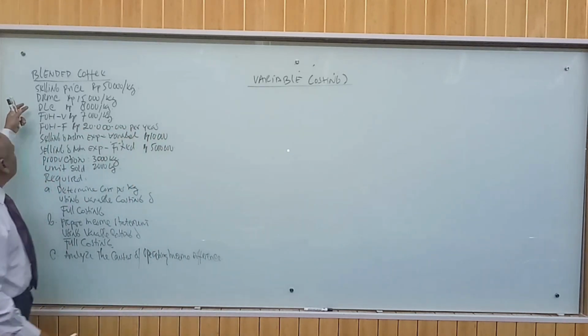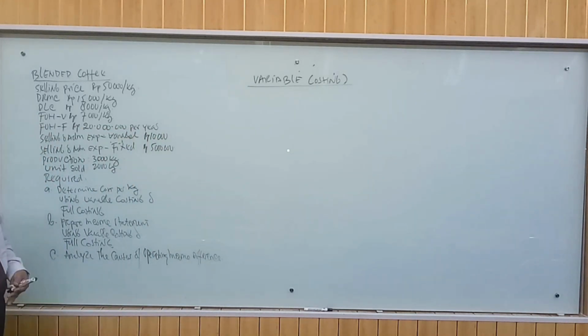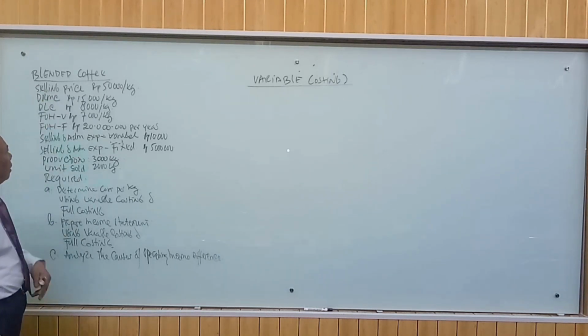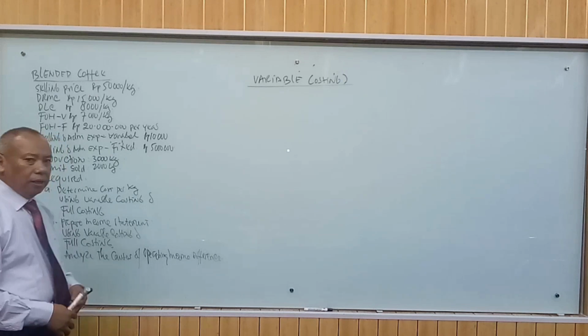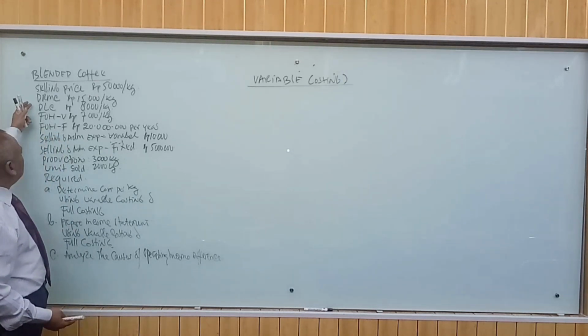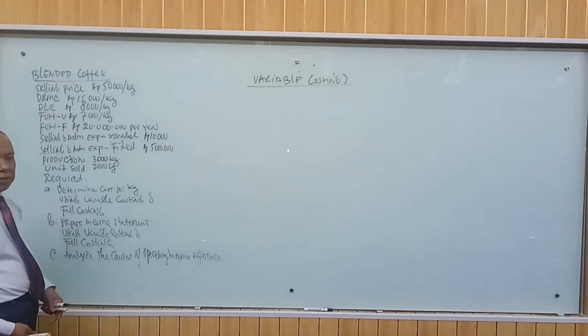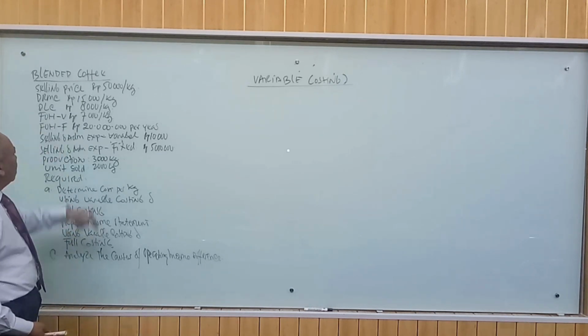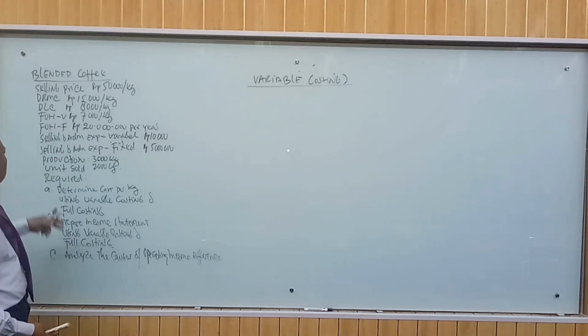In this example, we produce blended coffee and we also sell blended coffee. The selling price of blended coffee is 50,000 per kg. Direct raw material costs 15,000 per kg. Direct labor cost is 8,000 per kg.